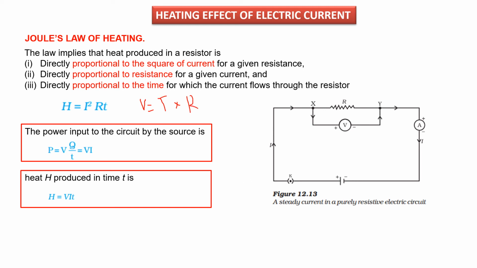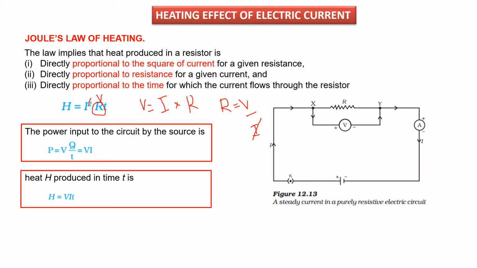So if I replace this R with R is equal to V by I, what happens here? This I gets cancelled. And what is left here? V. Instead of I, V will come.